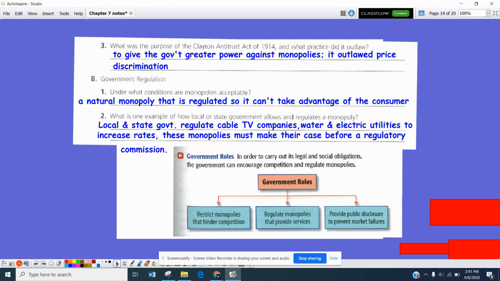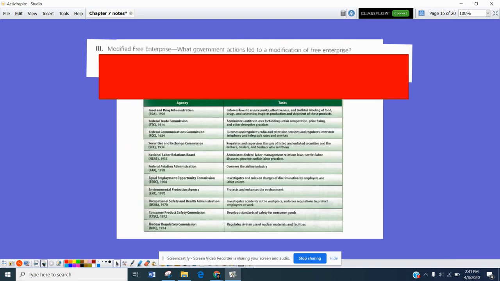And they may have good reasons. It could be because of the costs that are coming back to them, but the idea is that it's regulated so that consumers are, for the most part, being treated fairly. So, government role. If you take a look at the graphic here, they restrict monopolies that hinder competition, regulate monopolies that provide services, and provide public disclosure to prevent any kind of market failures.